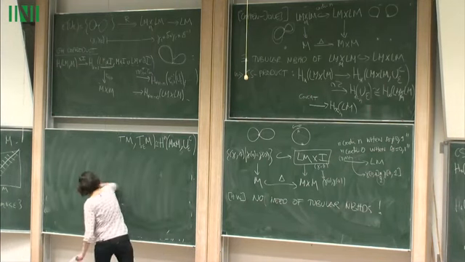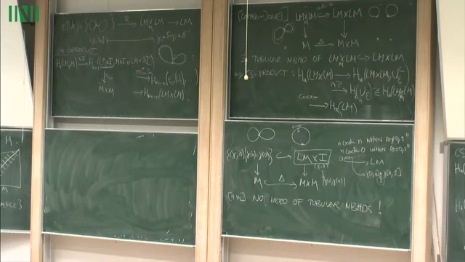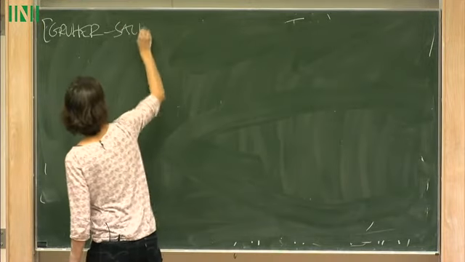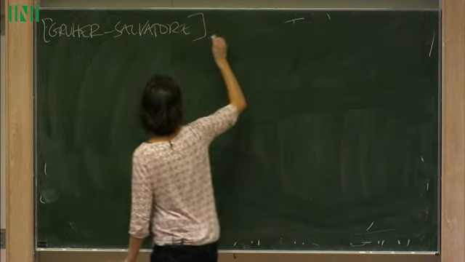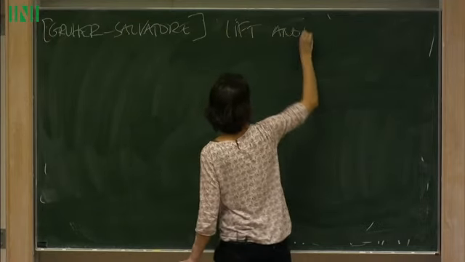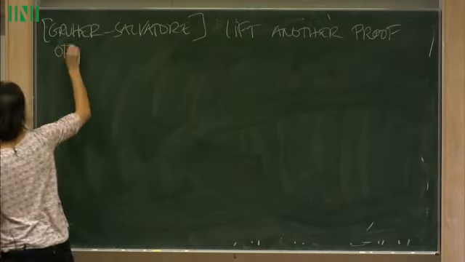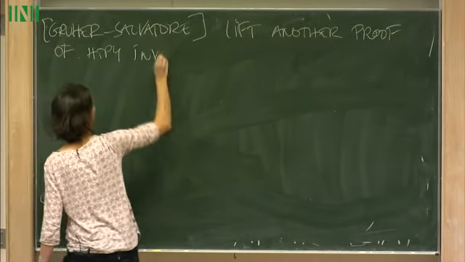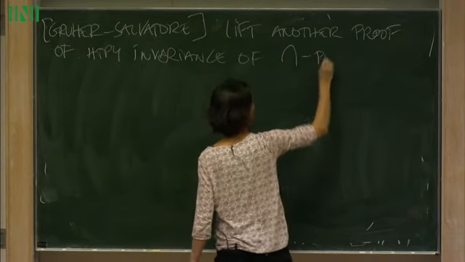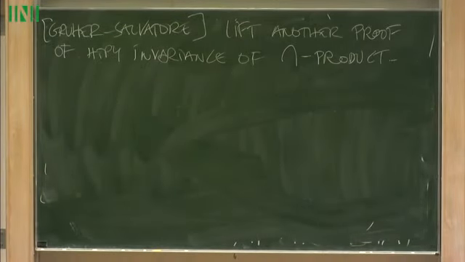So what Paolo and Kate Salvatore did is, in some sense, to lift another proof of homotopy invariance of the intersection product, which is a proof that only uses this definition with capping with the Thom class.